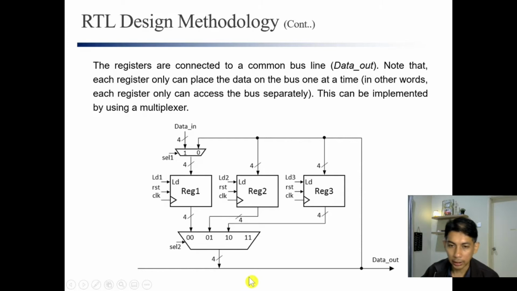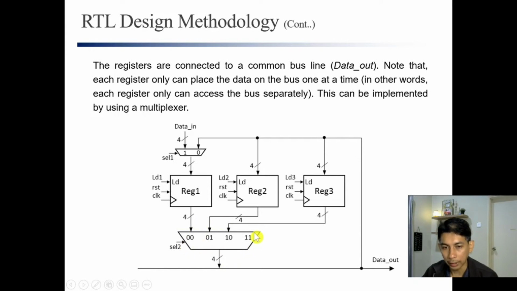The data is just an electrical voltage, so it will interfere with each other and be corrupted. So what you need to do is make sure that at one time only one data is allowed to enter or use the bus.